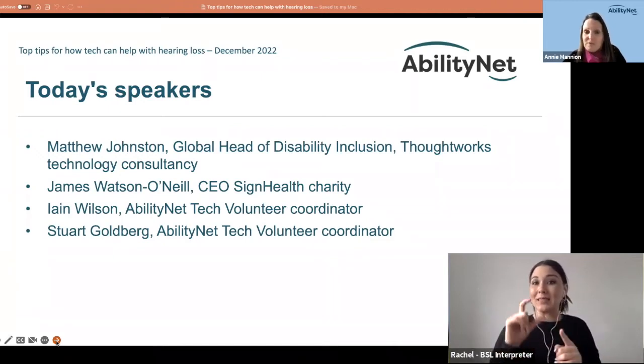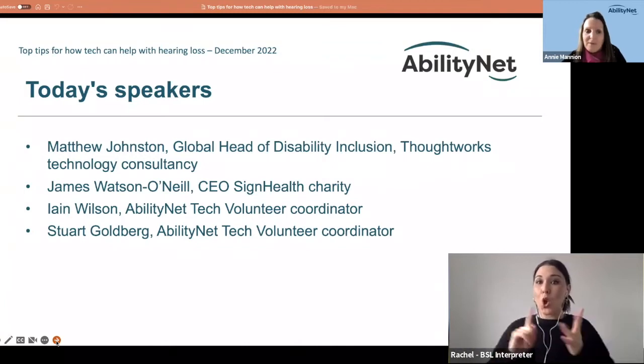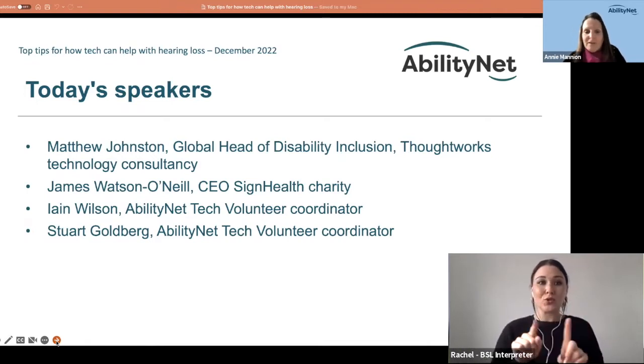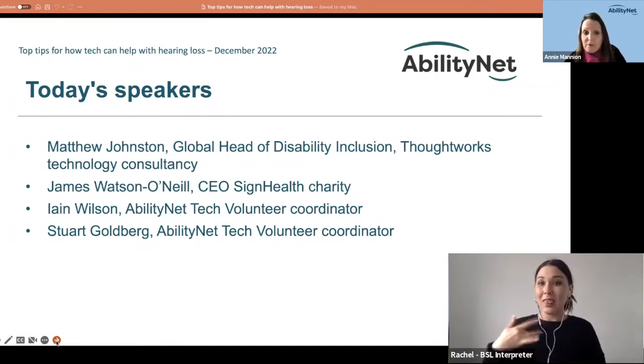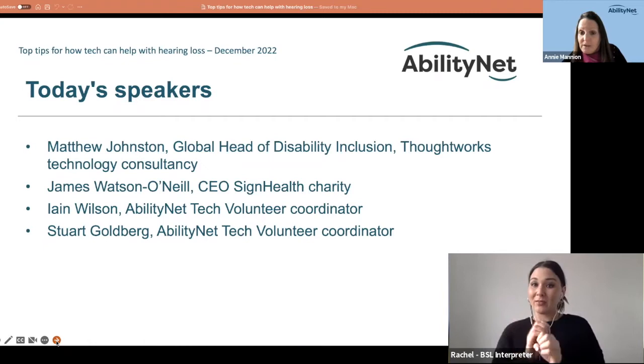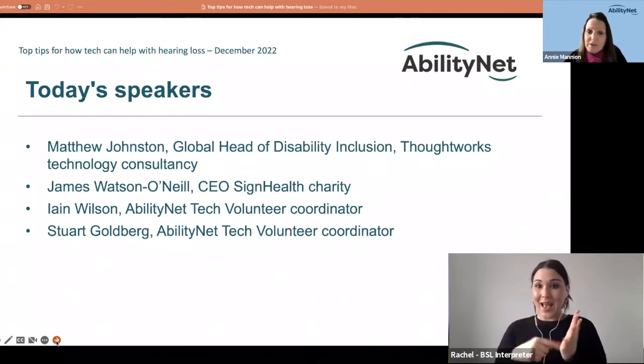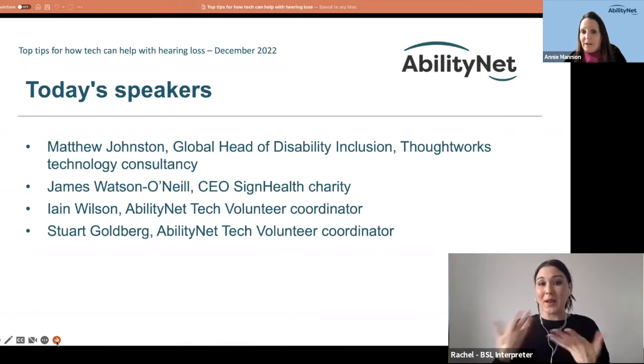And he was also awarded an OBE for services to deaf people in the Queen's New Year's Honours List this year. And then we're also joined by Ian Wilson, who is AbilityNet's County Coordinator for Warwickshire Tech Volunteers. He has lived experience of hearing loss, and later on will share information about hearing aids linked to iPhones. And Stuart Goldberg is AbilityNet's County Coordinator for Hertfordshire Tech Volunteers. He's now retired, but he's had a varied IT career spanning 40 years, and he has a hearing impairment and uses technology where he can to mitigate this.